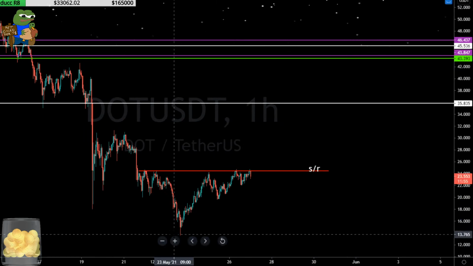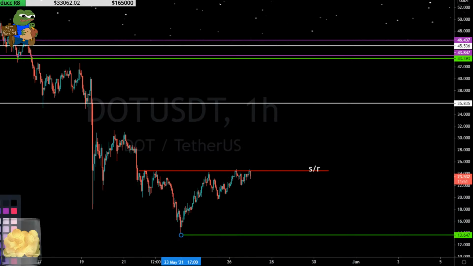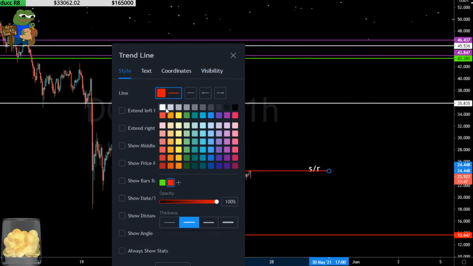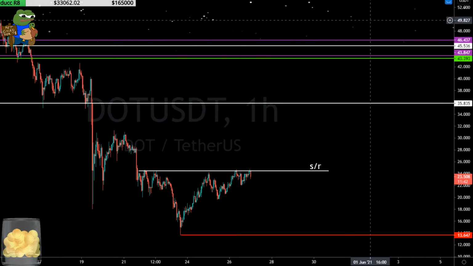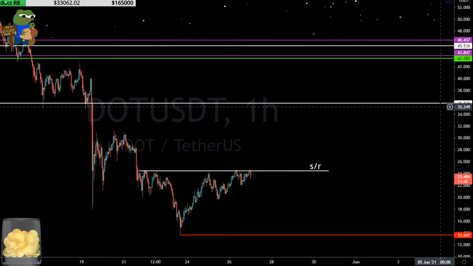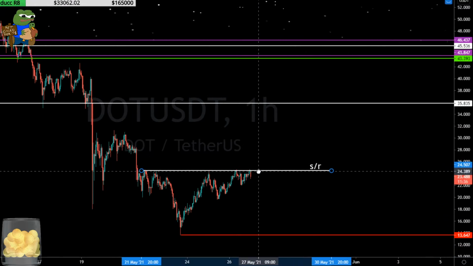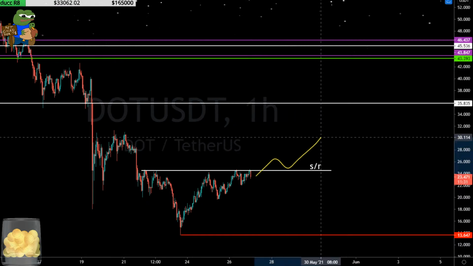You don't want to lose the low. Okay, so you don't want to lose 13, but you need to flip the neckline if you want to see higher prices. If you can flip 23 right here into support, you're going to go up to 35.